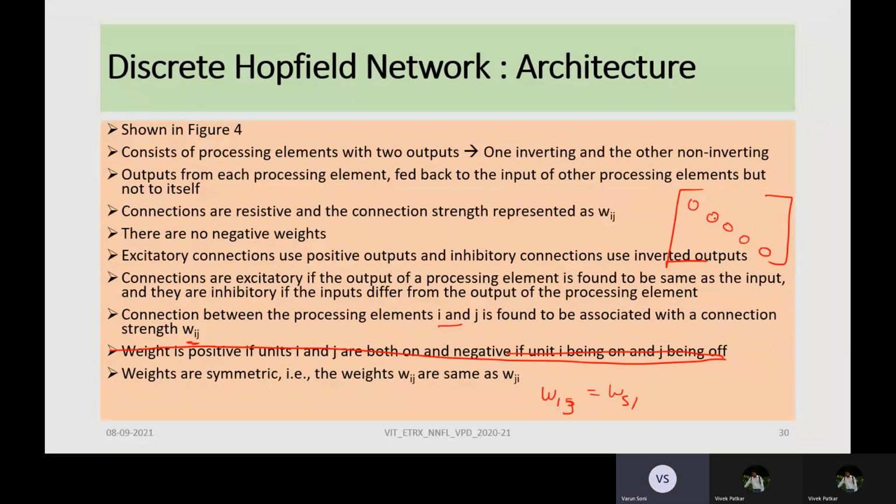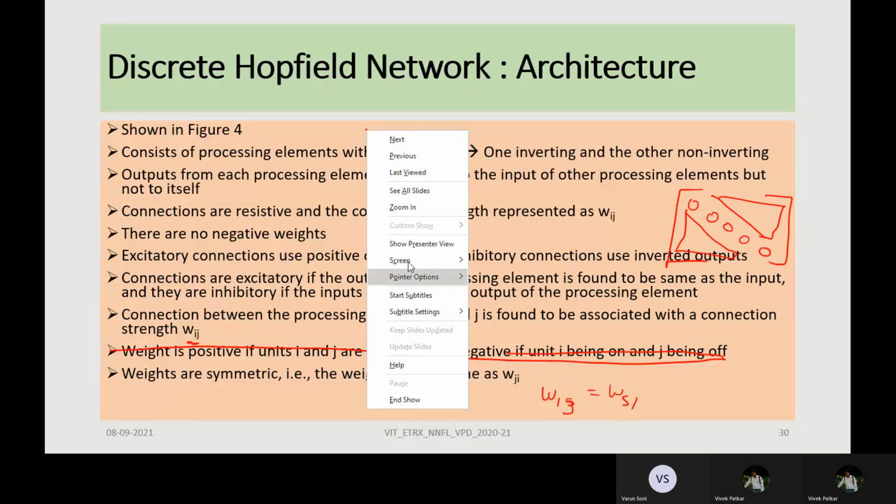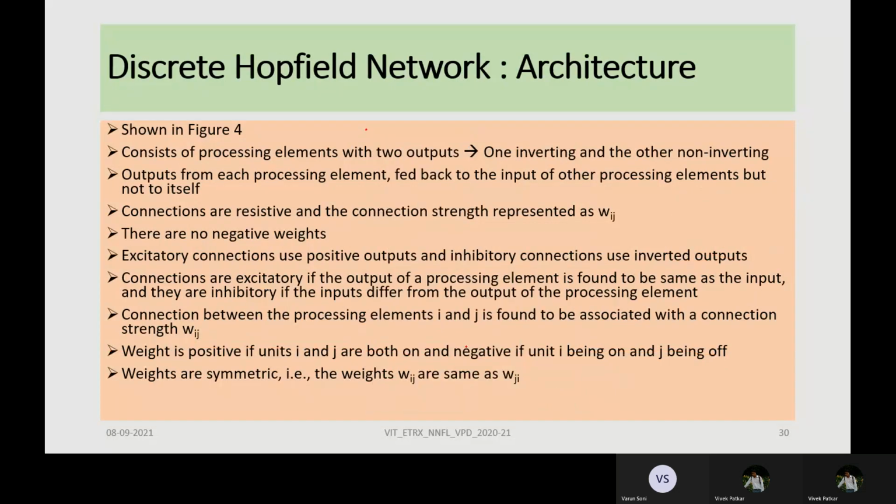Understand this? And the triangular elements will correspond to the other triangle because all Wij equal Wji. Clear? So you can take down these points after the lecture from the lecture notes which I will put. Clear?